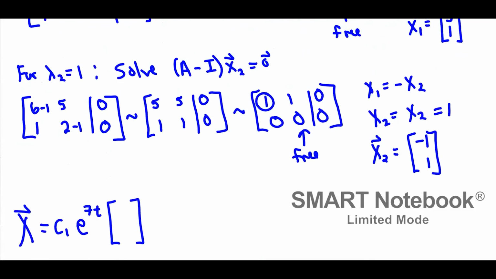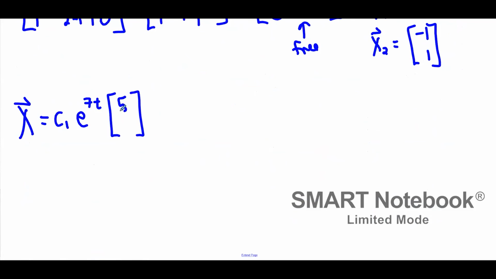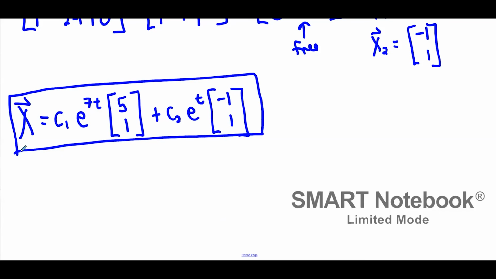That was 5, 1. The second eigenvalue was 1, so 1 times t is just t. And then we have the second eigenvector. So there is our solution for that vector x. And this solves our system of equations.